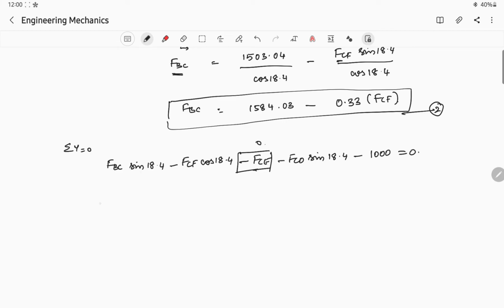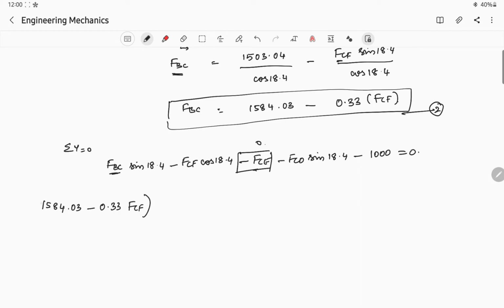So we'll write down all the things. In place of FBC, I'll write this entire term, that is 1584.03 minus 0.33 FCF.